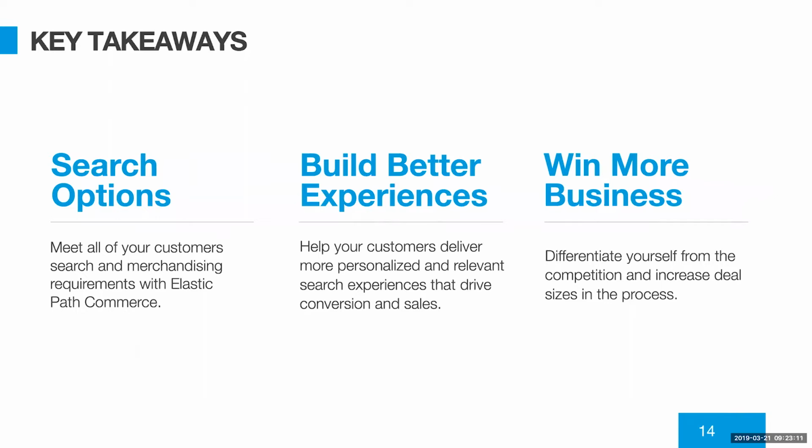This new solution will also help you differentiate yourself in the marketplace by delivering more personalized and relevant search experiences that will help drive conversion at your customers and in turn drive sales. And finally, you'll be able to win more business and increase your deal size, as well as drive additional services revenue through this combined solution.